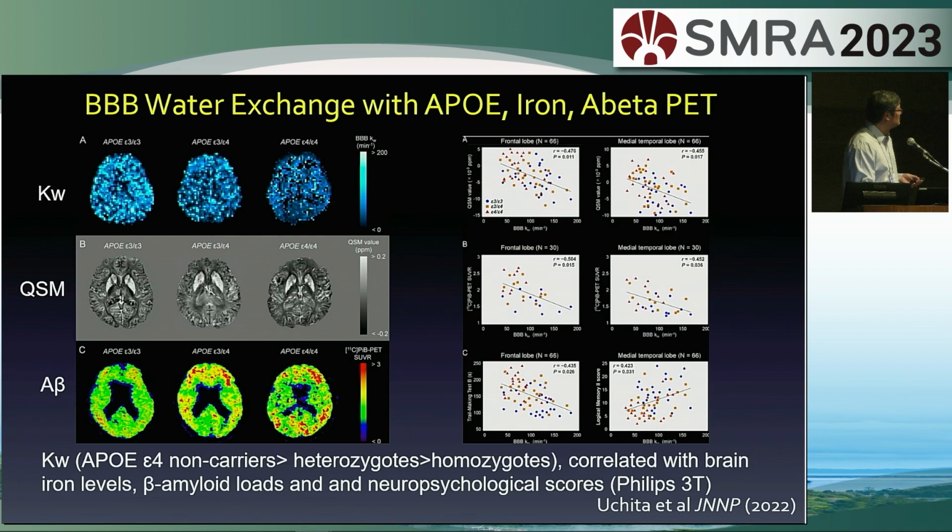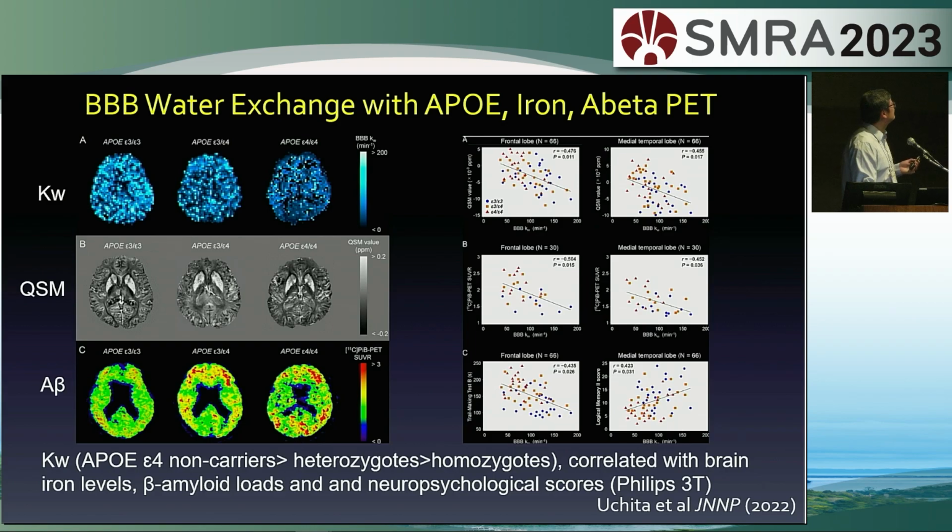Again, this is Dr. Ichita in Japan. He independently performed a study on a Philips scanner, with his own pulse sequence. He found this cohort of subjects carried different genotypes: one pair of ApoE4, heterozygous ApoE4 and ApoE3, and one pair of ApoE3.